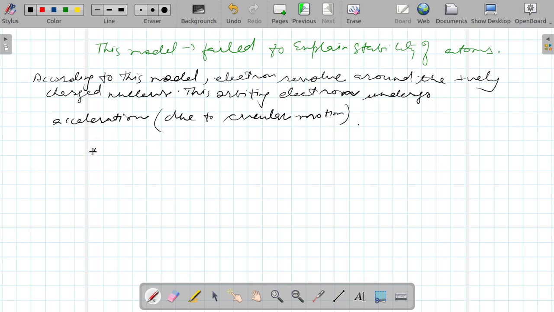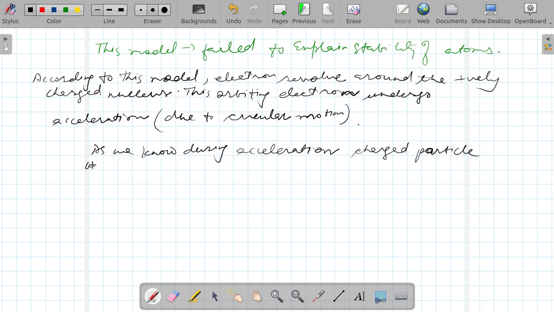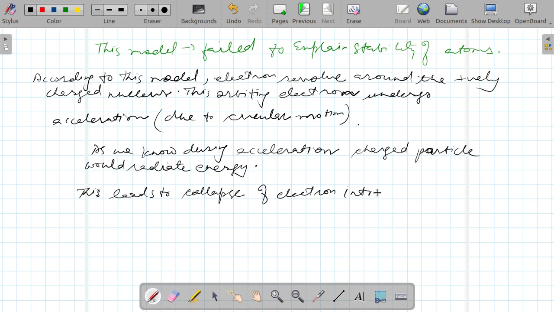As I discussed in the course of electrodynamics, during acceleration a charged particle would radiate energy, and this leads to the collapse of the electron into the nucleus.